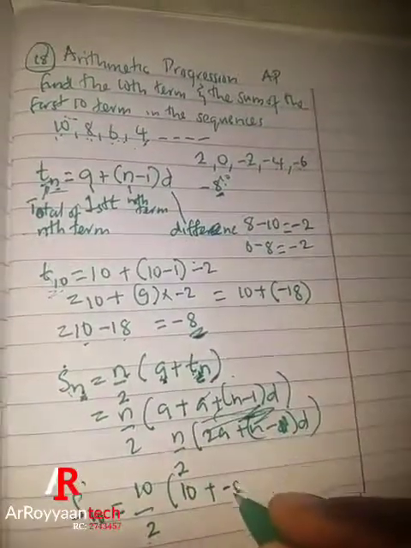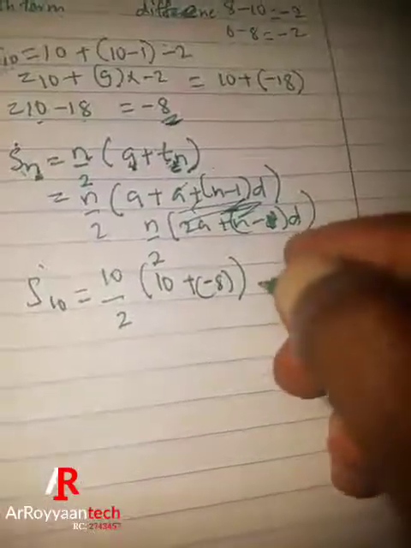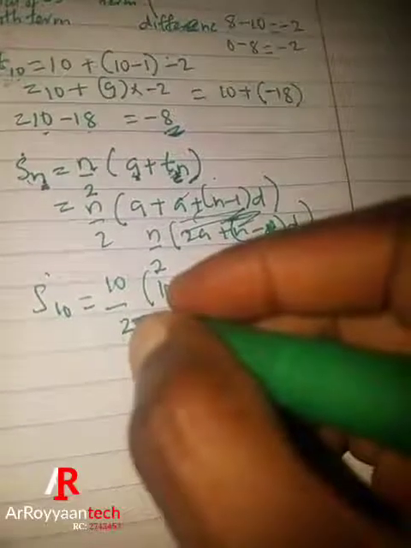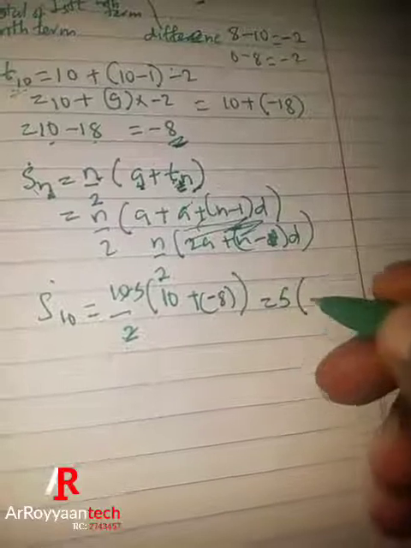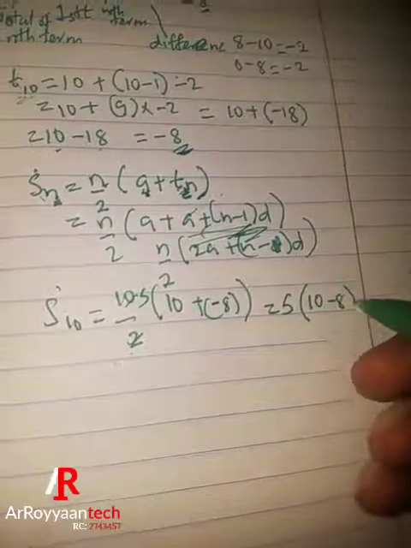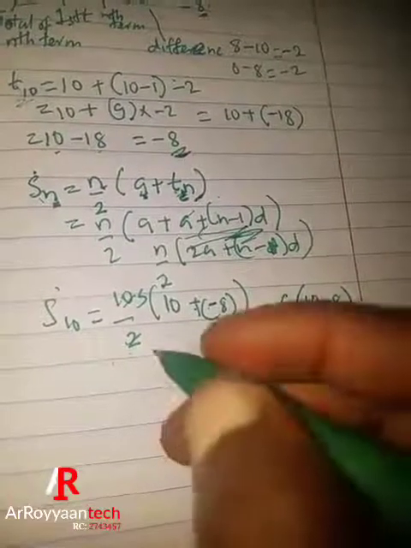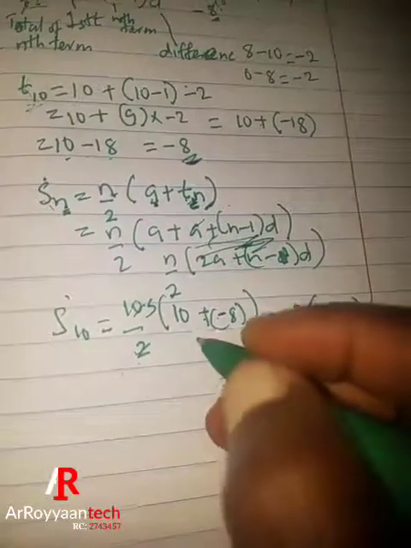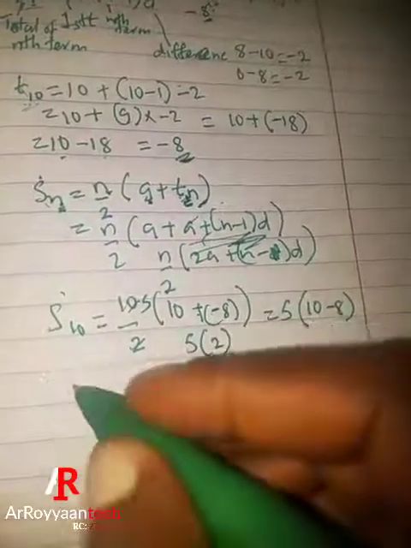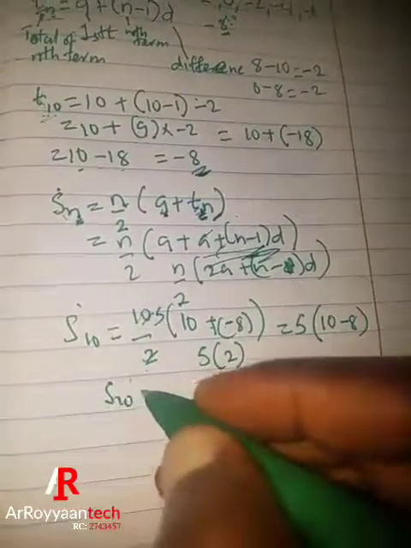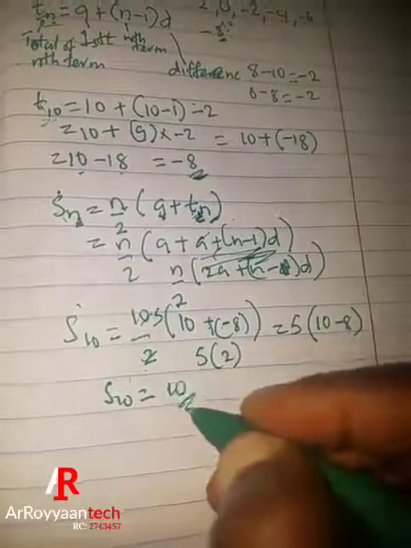That's minus 8. So if we divide, this will give us 5. So 5 into bracket 10 minus 8. Plus times minus will give us minus. So 5 times bracket 2. So the total sum is 5 times 2, that will be 10. So that's our answer.